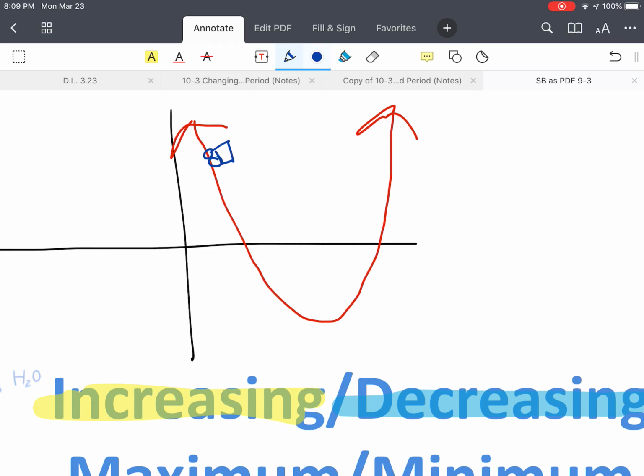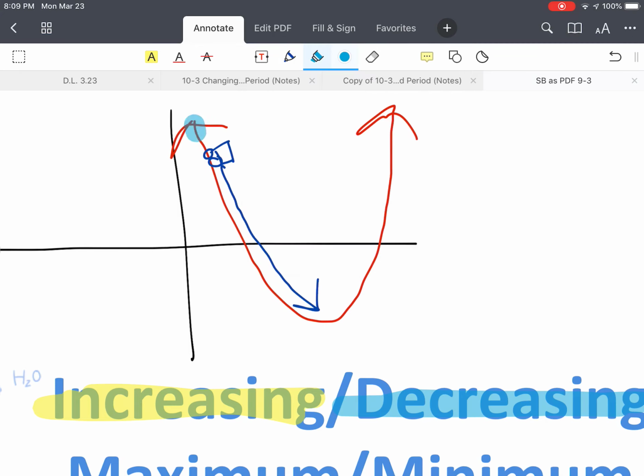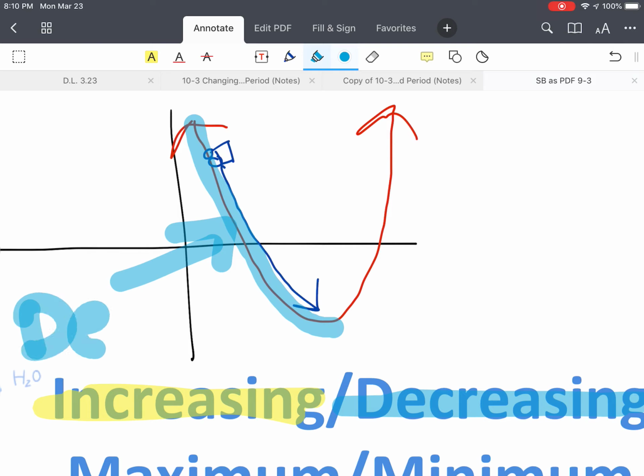So in this section, am I going down or am I going up? I'm going down. So in this section of the parabola, we say that it is decreasing this entire time. Okay, and then I get to the vertex, that is right here.